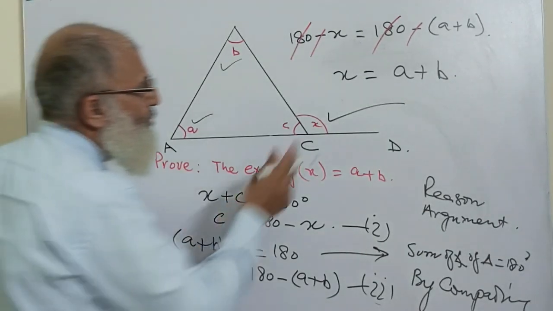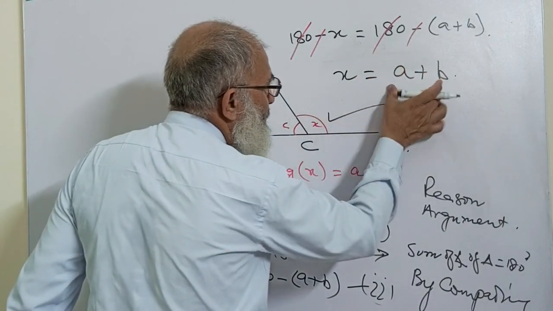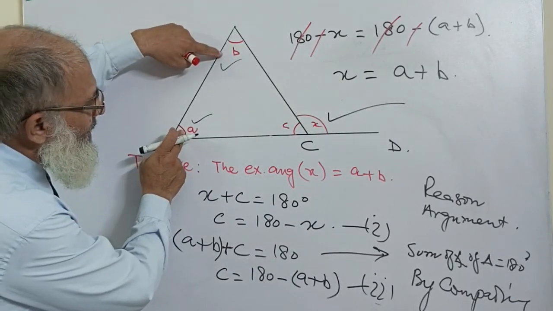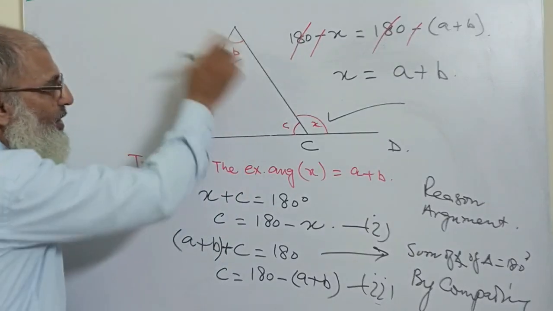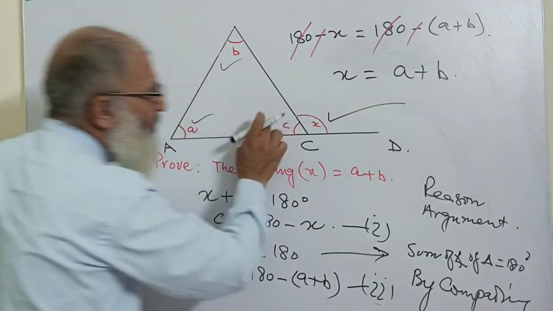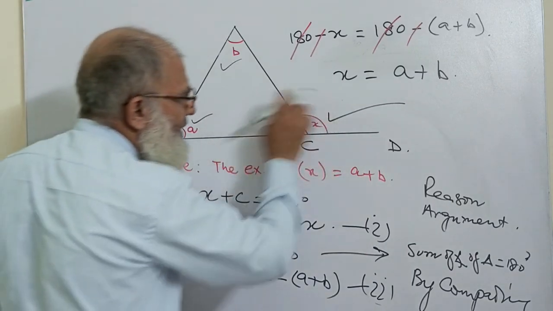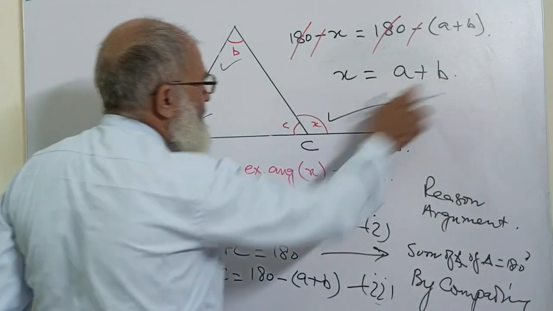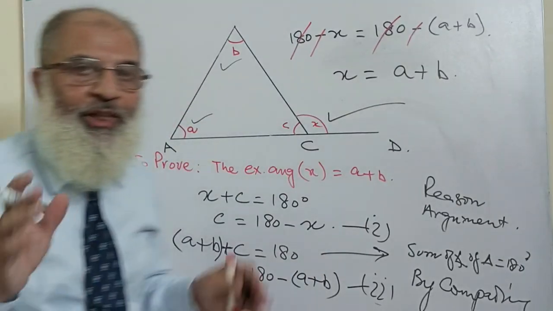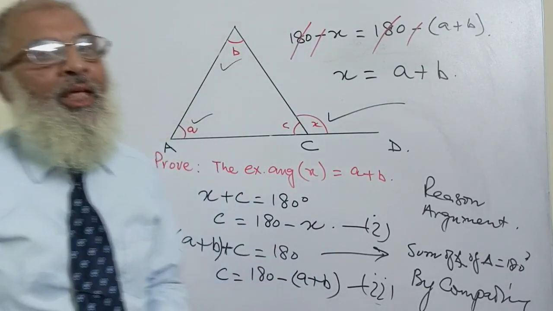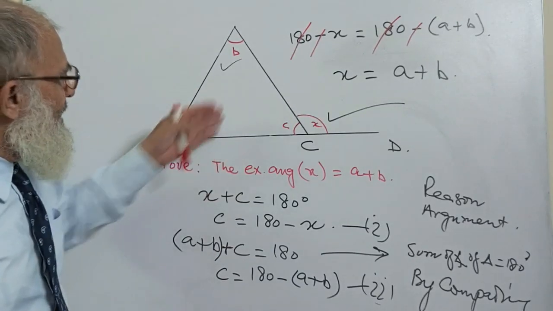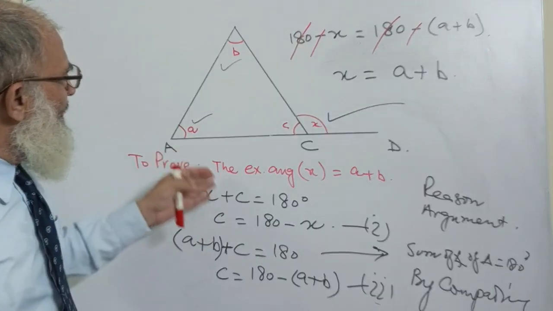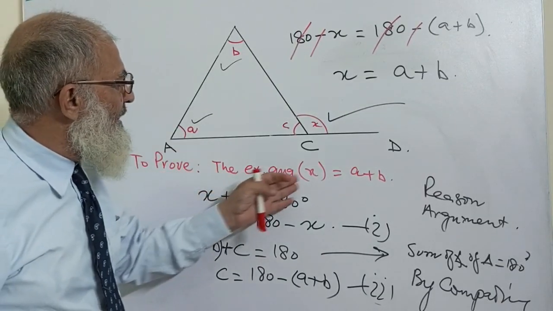Now here you can see the proof with your naked eyes that A plus B are the interior angles of the triangle, and the opposite exterior angle is X. So X is equal to A plus B, and so we should accept the hypothesis, and that was the sum of two interior angles to prove the exterior angle X.